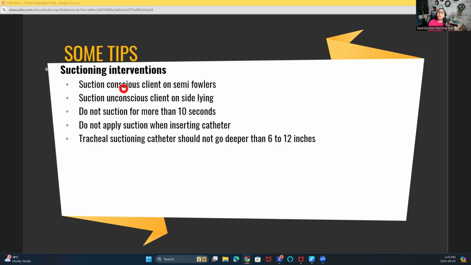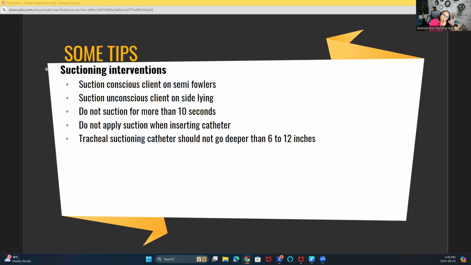Another important thing which you might not have studied before: if the patient is conscious, let him sit in the semi-Fowler position. Why? Because in case he's choking, he's in a good position. If the patient is unconscious, raise the head of the bed, but the side-lying position is good.